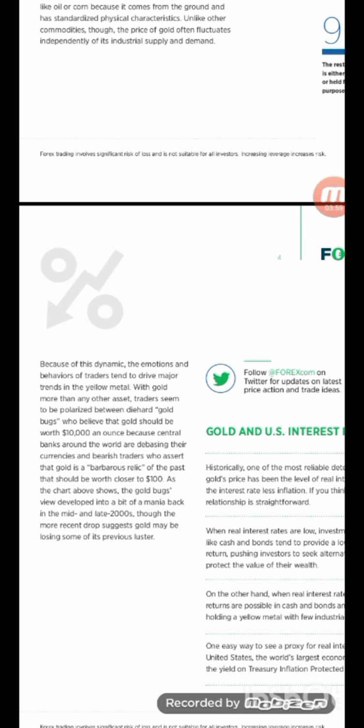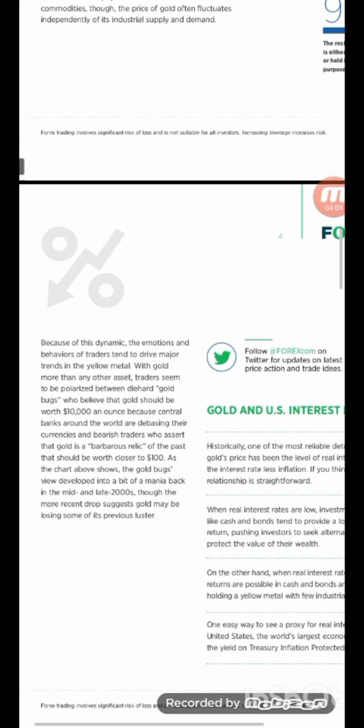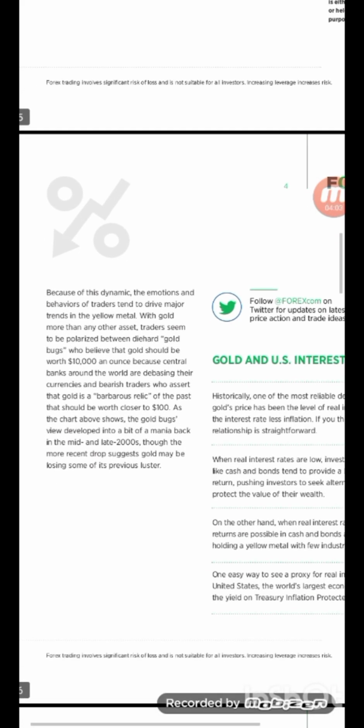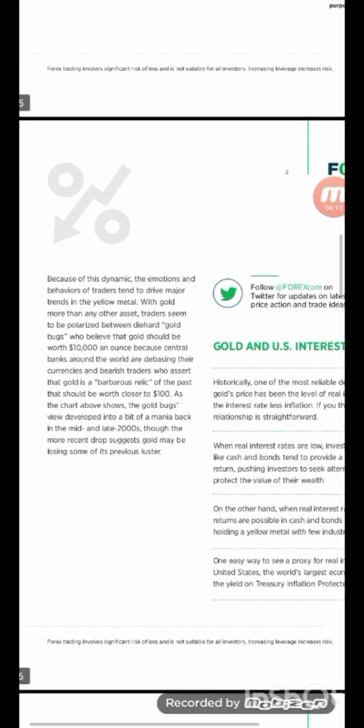As the chart above shows, the gold bugs' view developed into a bit of a mania back in the mid and late 2000s, though the more recent drop suggests gold may be losing some of its precious luster.